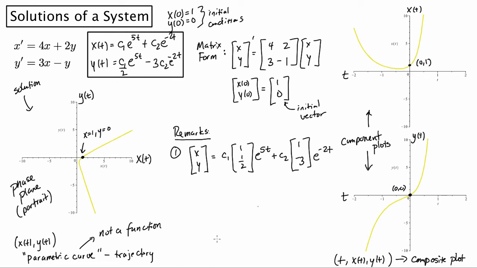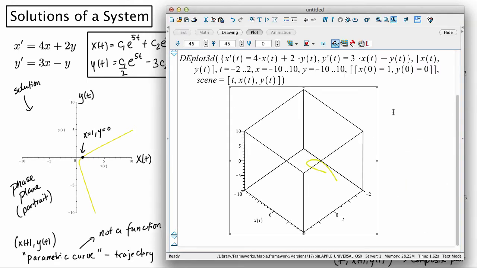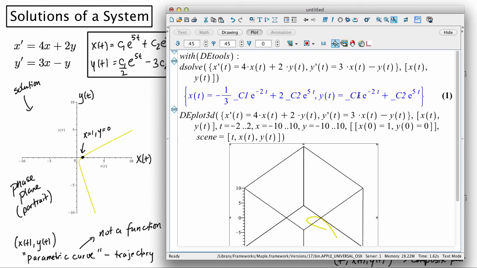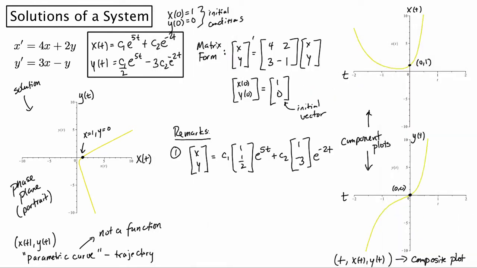Now that actually, we get a lot of mileage out of this, and the reason that I wanted to bring it up is if you go back and look at our solution given to us by Maple, so if we go back to the dsolve command, it doesn't look exactly the same. In fact, let's go ahead and write it down.